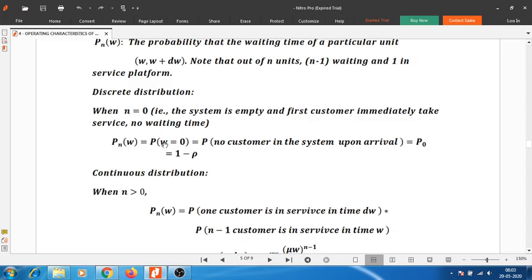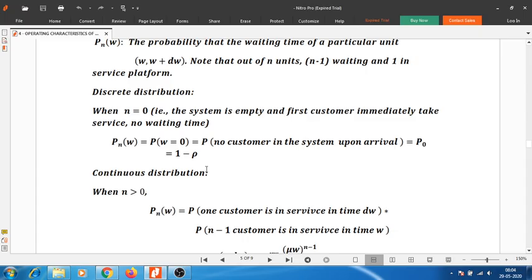No waiting time means W is equal to 0. That is nothing but the probability that no customer is in the system upon arrival, that is equal to P naught. So what is P naught here? 1 minus rho. It is already derived. So whenever n is equal to 0, there is no waiting time; the customer goes directly to the service platform because there is no queue, so there is no need to wait, and that value is calculated as 1 minus rho.